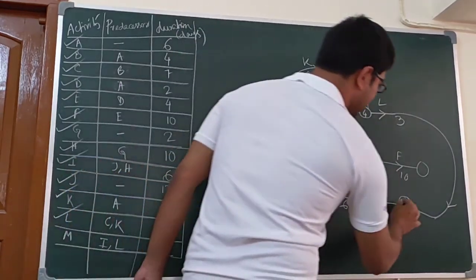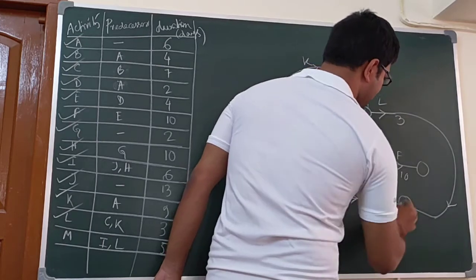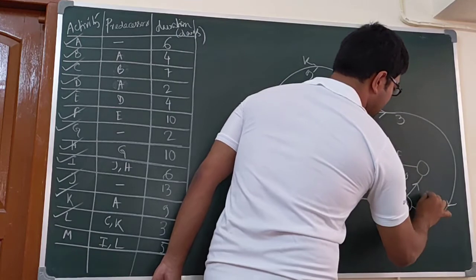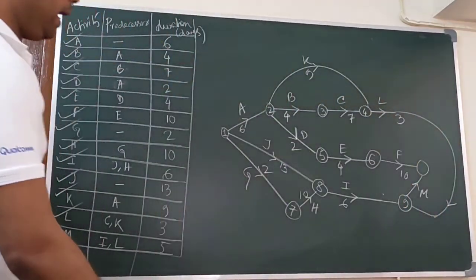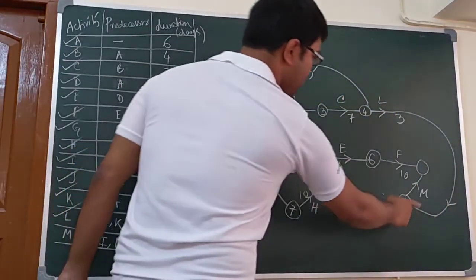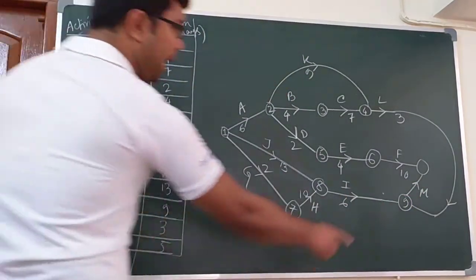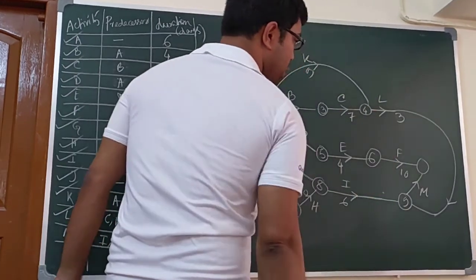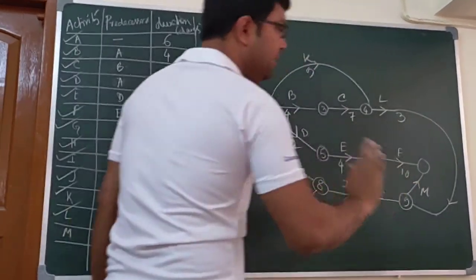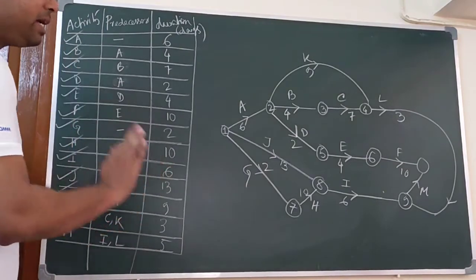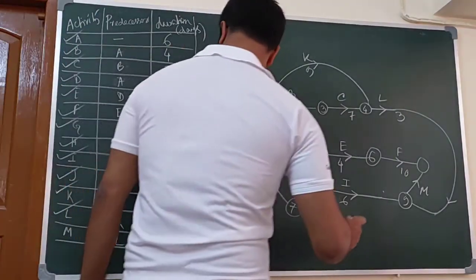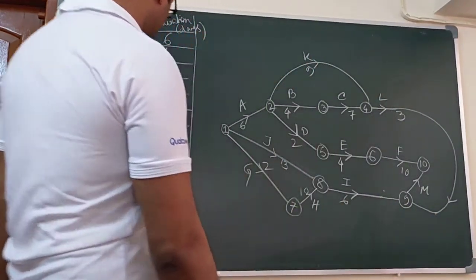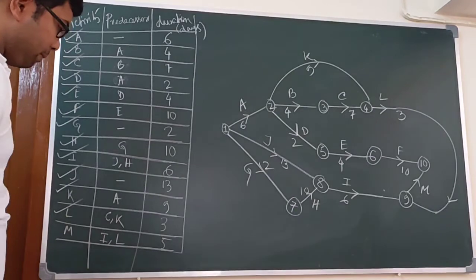Up to 8, this would be 9. If we put M at this point, then M comes after the completion of both I and L. So F and M are the end activities, and the midpoint would be 10, and the completion time of M is 5.